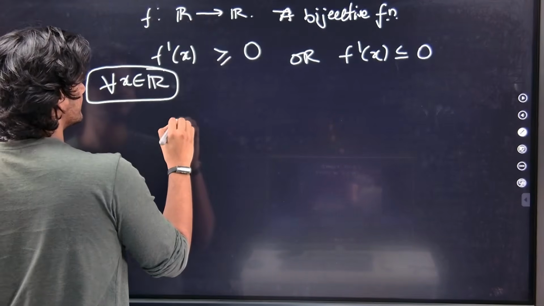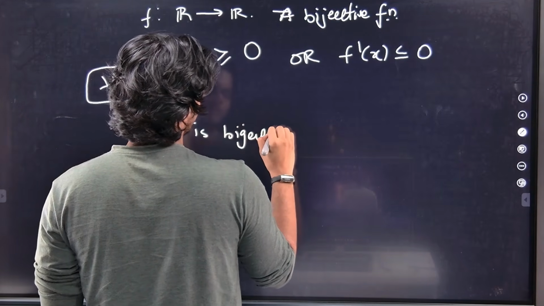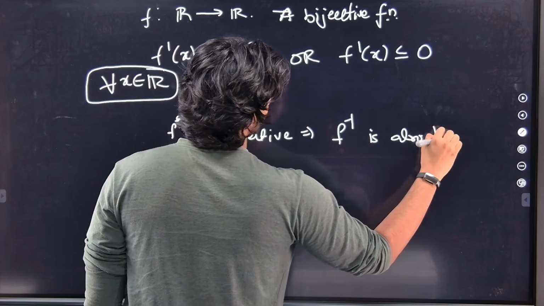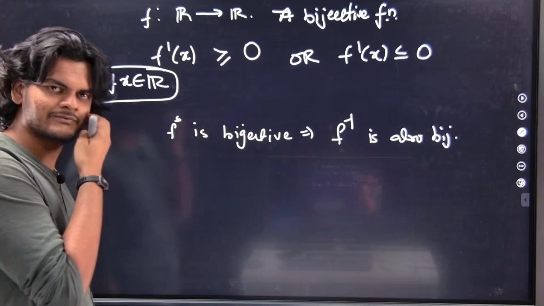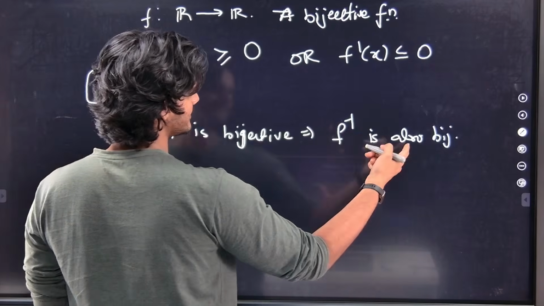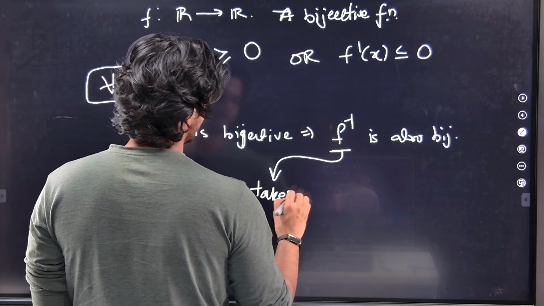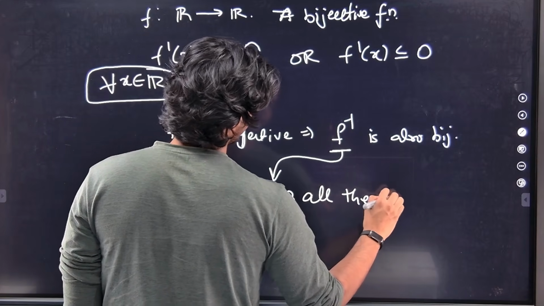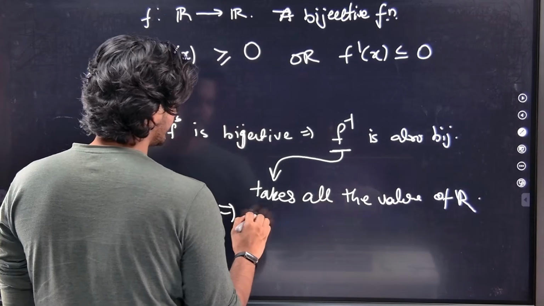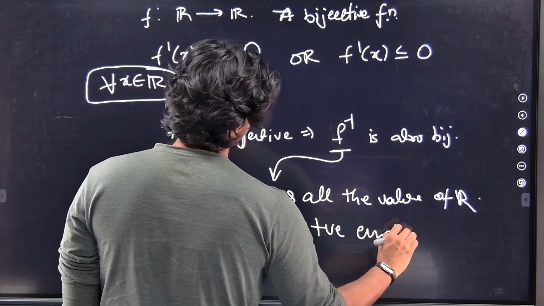Whereas if f is bijective, that implies f inverse is also bijective. Obviously, that is the definition of bijectiveness, that it is invertible, right? So if f inverse is also bijective, that means f inverse takes all the values of R. That basically means it is both positive and negative.